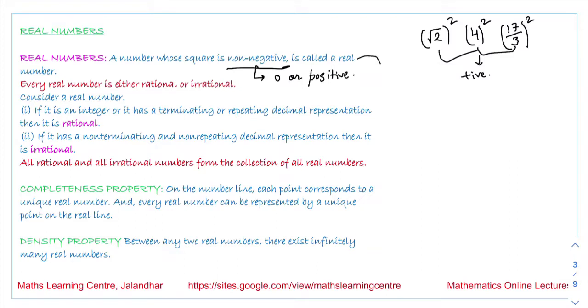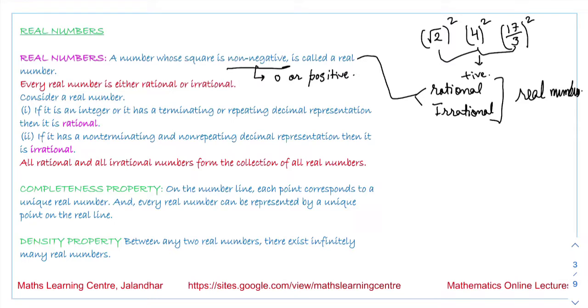And there is another kind of definition: all rational and irrational numbers together are called the real numbers. So all rational numbers and all irrational numbers are real numbers.